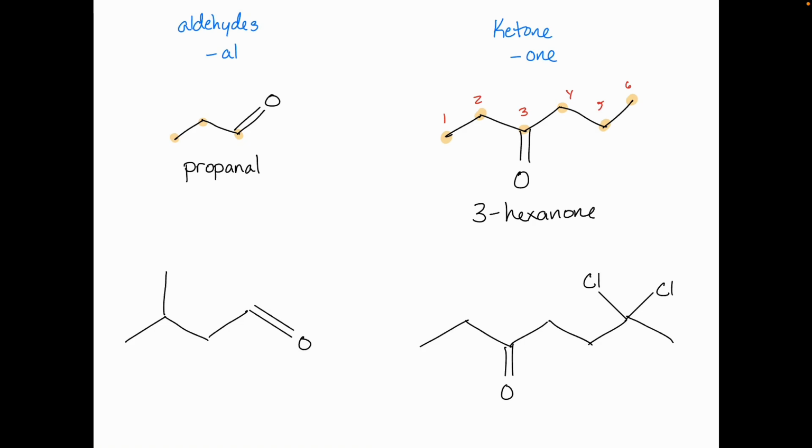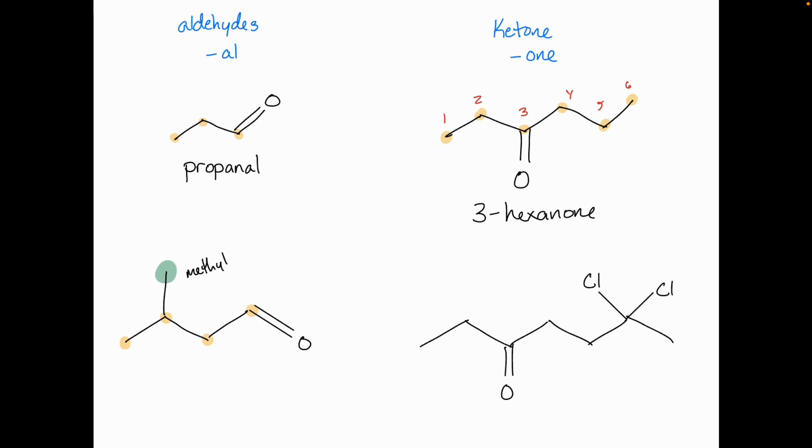Okay. Our next aldehyde, same sort of idea. We've got to find our parent chain, 1, 2, 3, 4. We also have this carbon sticking off of it. Remember, our name has got to include all the carbons, so we're going to have this methyl group. Okay. We've got our aldehyde functional group. We don't have to specify the location of it, but remember, that's because we always assume it's on carbon 1.